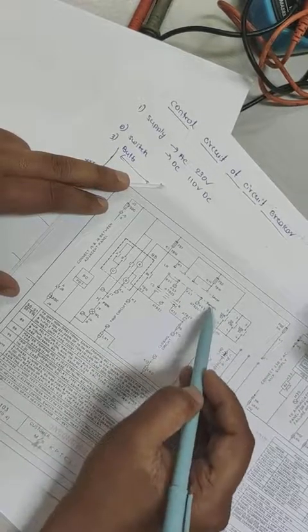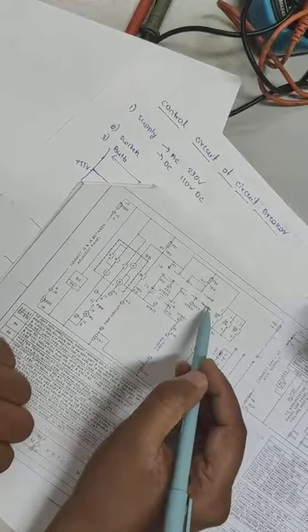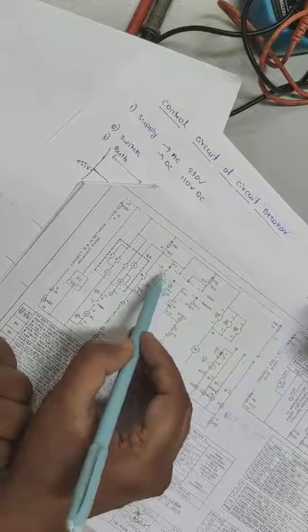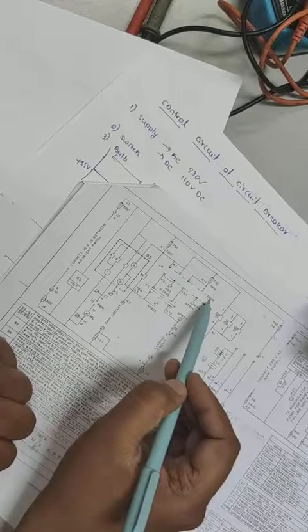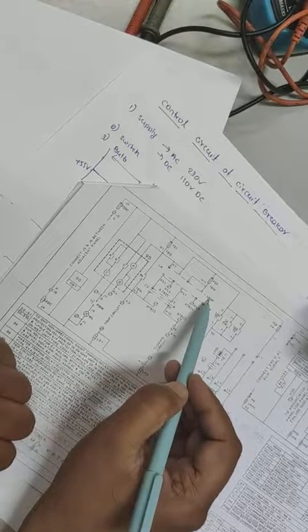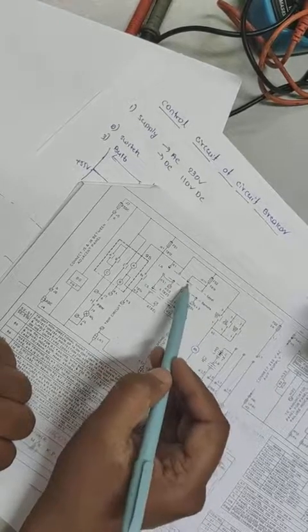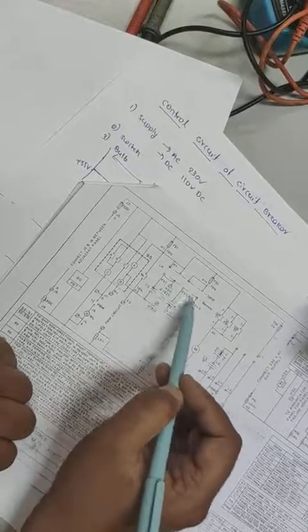Likewise, this is the local and remote switch. You can observe the black rectangular boxes here. Local means whenever we keep the local remote switch in local mode, these two contacts will make and these two will be in open condition.